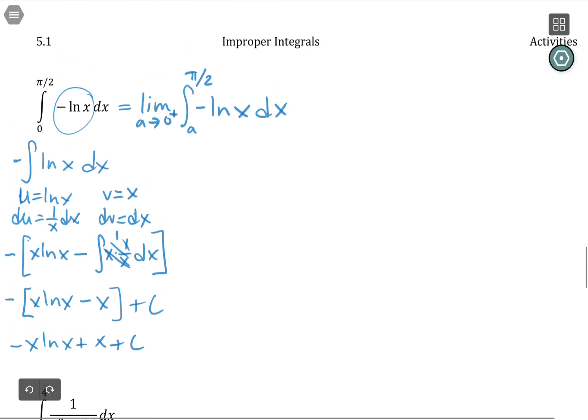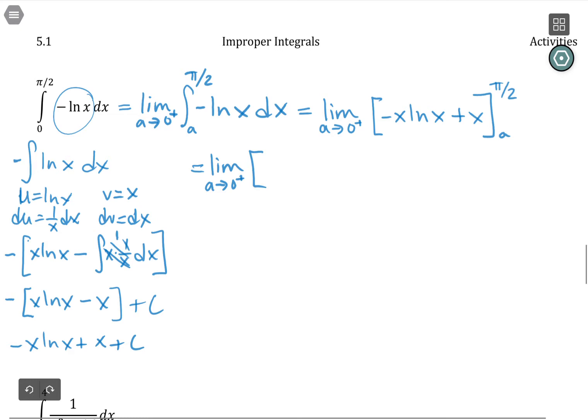Okay, so back up here, I'm working on the limit as a approaches 0 from the right of negative x ln x plus x evaluated from a to pi over 2, which gives me a limit. Please do write the limit in these steps unless you're going off to do side work.